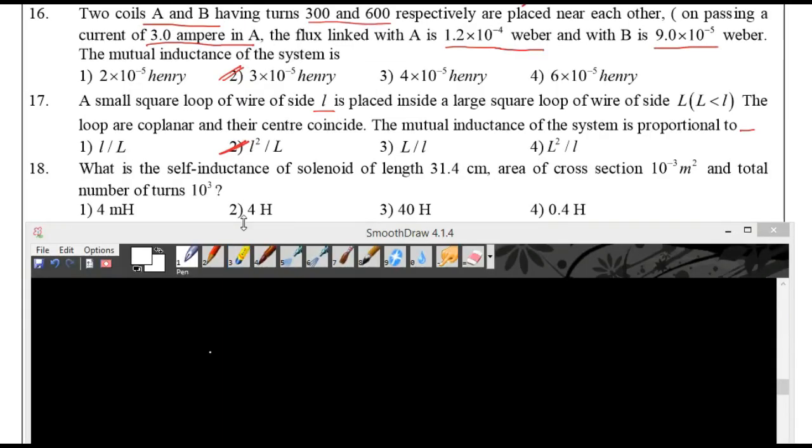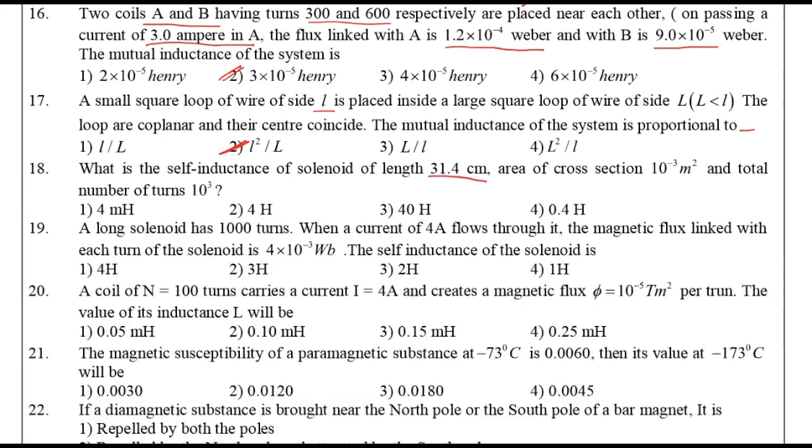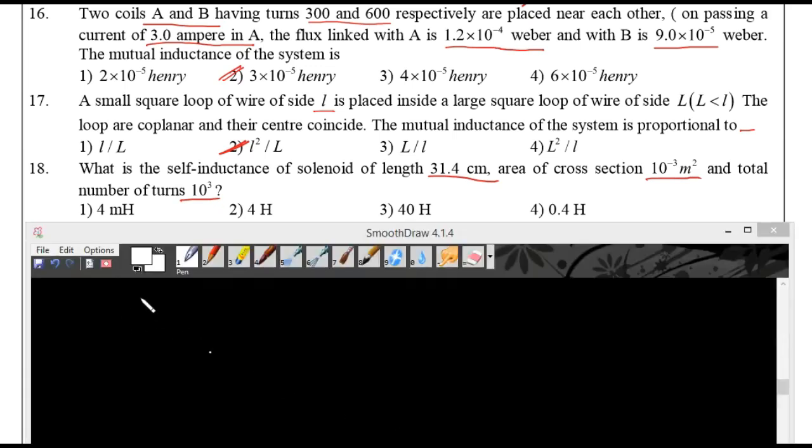What is the self-inductance of a solenoid of length 31.4 centimeters, area of cross-section 10 power minus 3 meters square, and the total number of turns 10 power 3? Now we know that flux is equal to Li. So flux B into A is equal to Li.